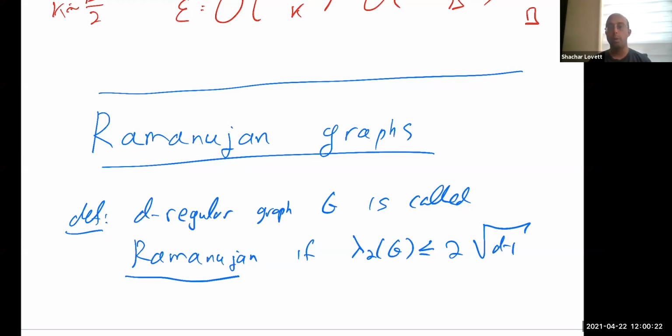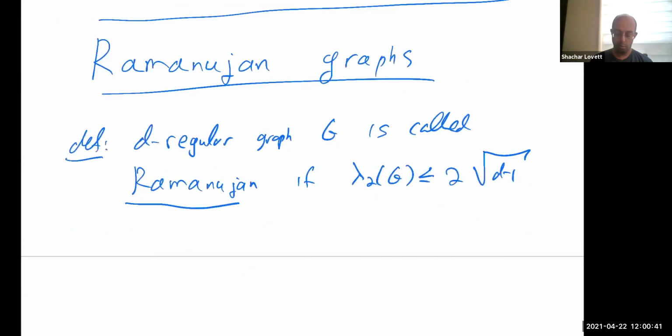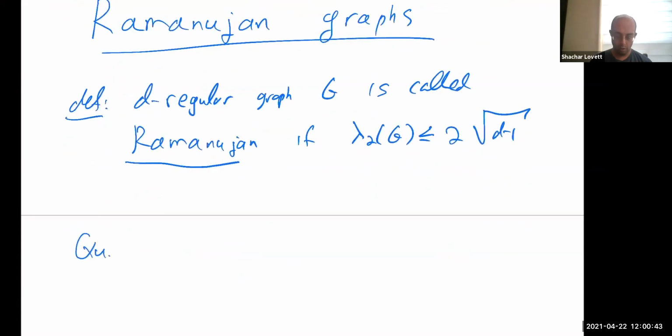And one thing you could ask is, are there such graphs? We proved that for the infinite tree we reach this number, but maybe finite graphs can never reach this number. Maybe finite graphs are always twice as worse. So the first question you want to ask when you see a definition is, are there such graphs?